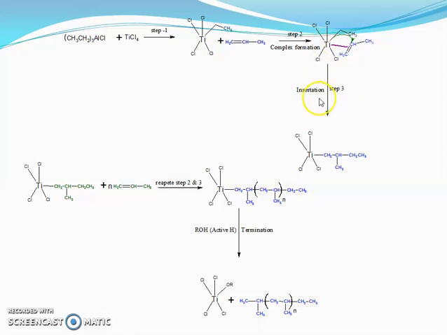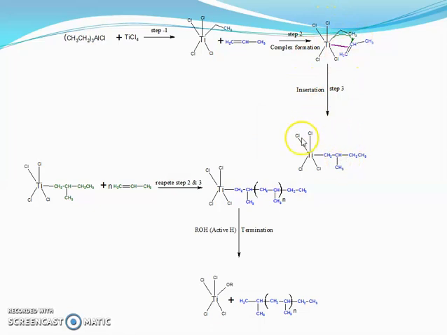Then what happens? It is the insertion step. The carbon-titanium bond breaks and the carbon attaches to this methyl. The carbon-carbon double bond breaks and attaches to titanium. So the product is CH2CH(CH3), CH2CH3 and CH3. This is the product, called the pi complex.